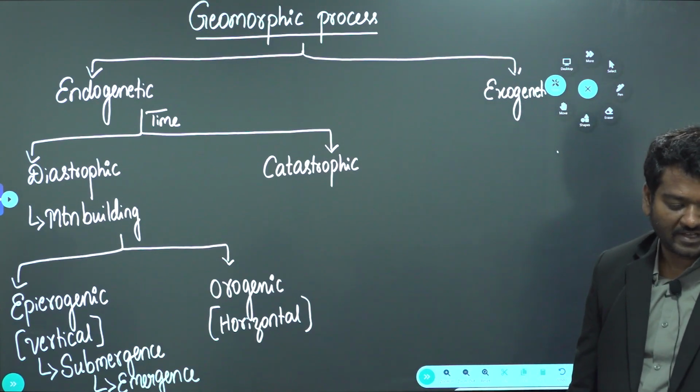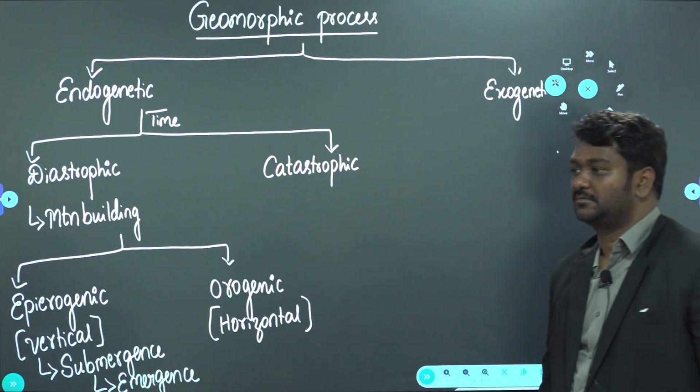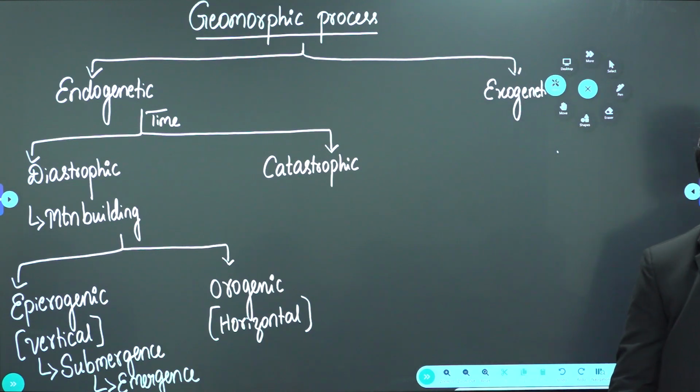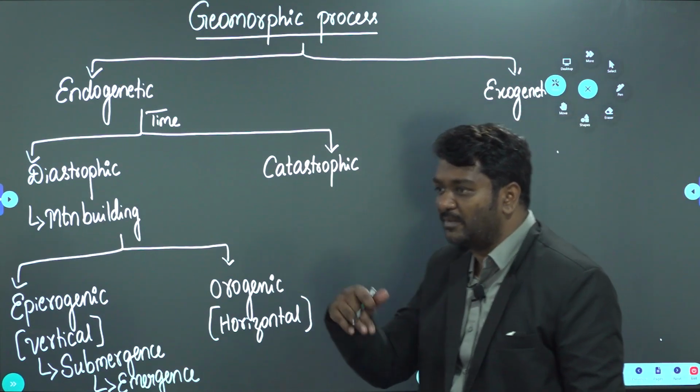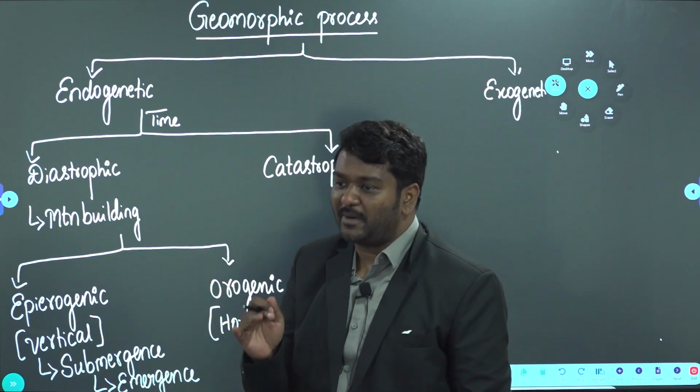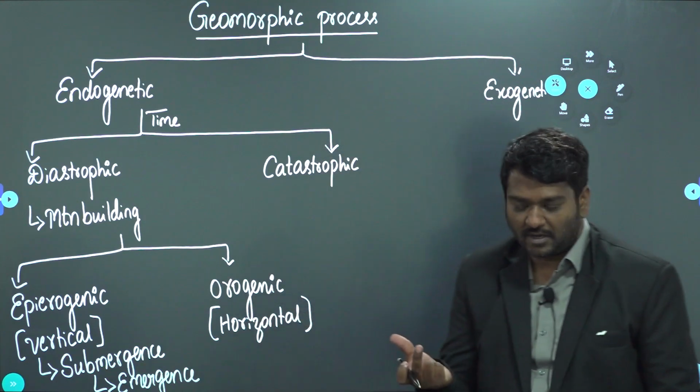Which coast of India is submerged coast? Entire west coast? Which one? Konkan coast. Only coast which is submerged in India is Konkan coast. Gujarat is emerged coast. Kerala, Malabar coast is emerged coast. Only coast submerged is Konkan coast.